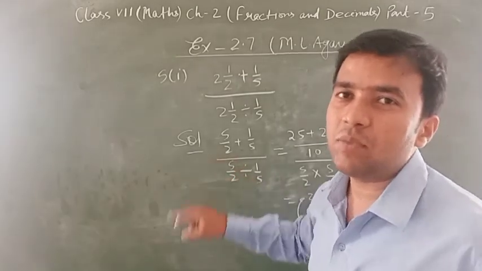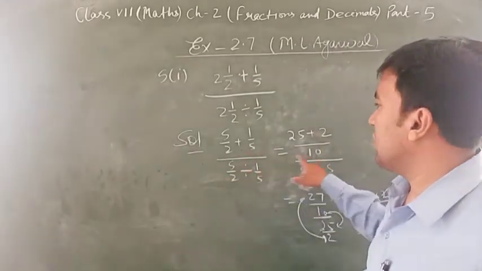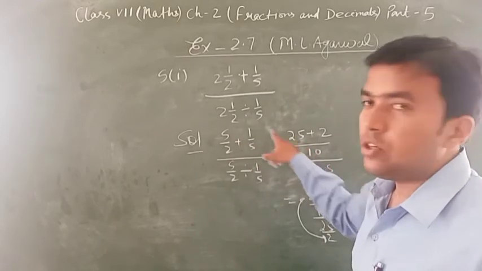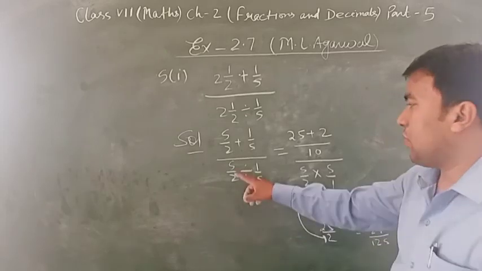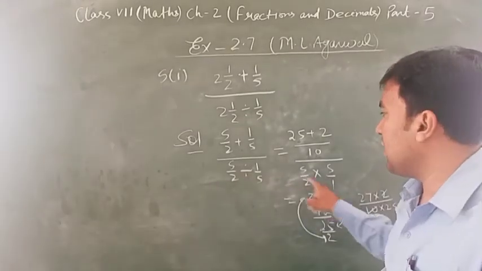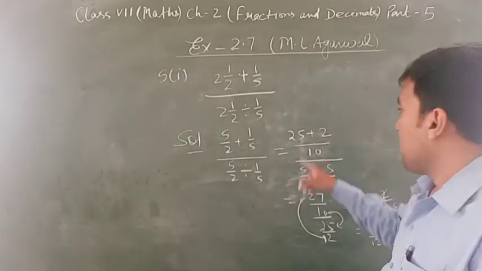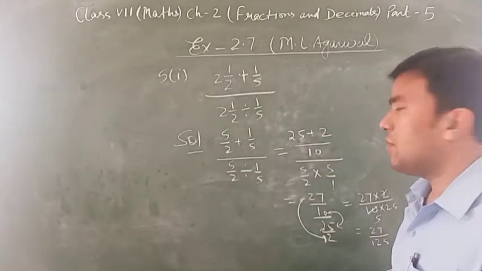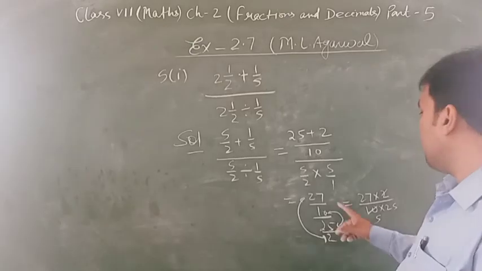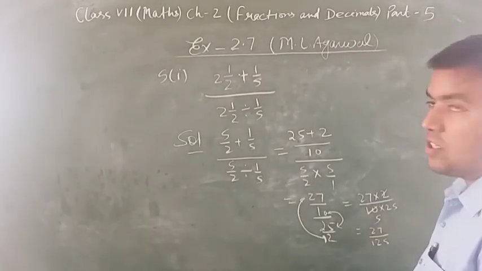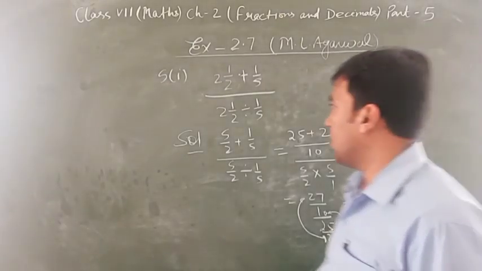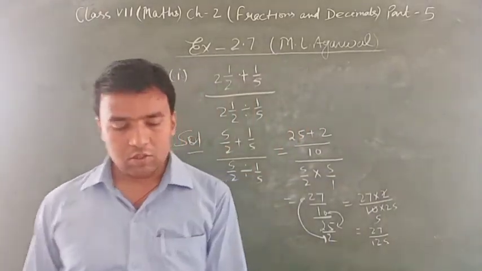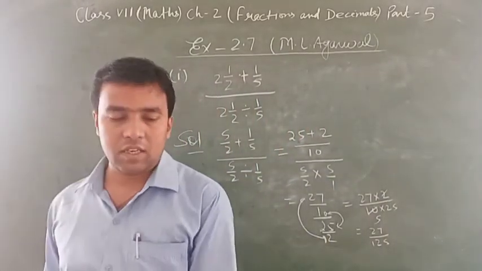Divide changes to multiply. LCM of 2 and 5 is 10, 2 times 5 is 10, 5 times 5 is 25, 5 times 2 is 10, 2 times 1 is 2. Here is 5 by 2, divide changes to multiply, meaning 5 by 1. 25 plus 2 is 27 by 10, 5 times 5 is 25, 2 times 1 is 2, clear? Then 27 into 2 upon 10 into 25. Then you can reduce it and you will get 27 by 125. This exercise is also complete, clear?